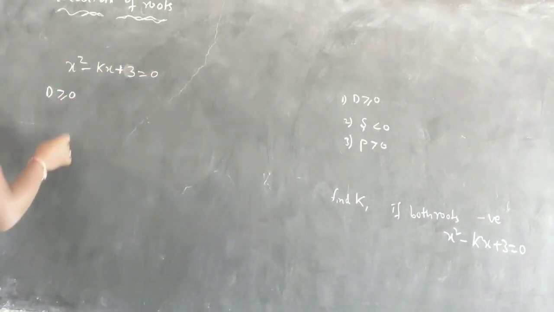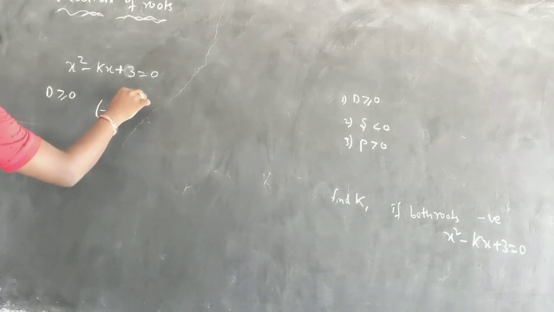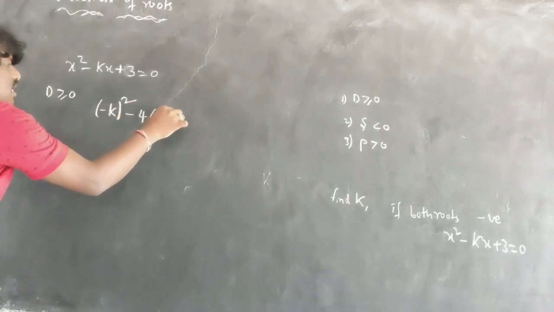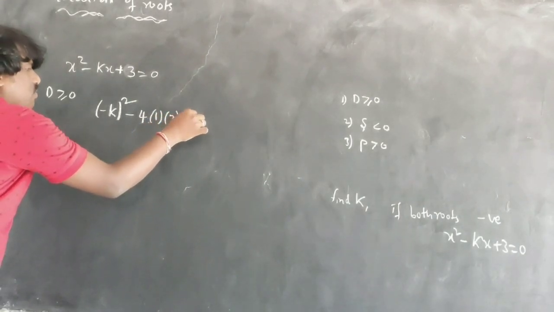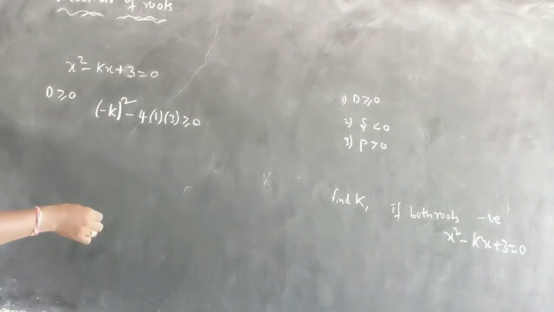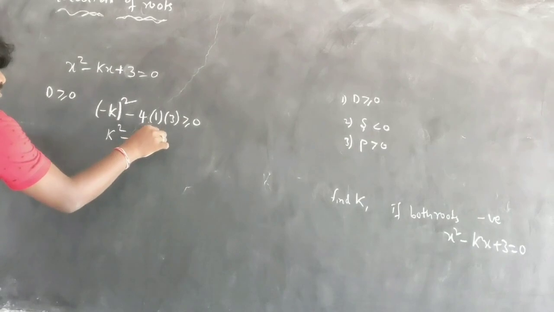Here the discriminant is b square minus 4ac greater than or equal to 0. What happened here? You are getting 12, and that number is not good. That is the reason I was thinking of a multiple of 4, which would be the easiest way to simplify. So here k square minus 12 is greater than or equal to 0.